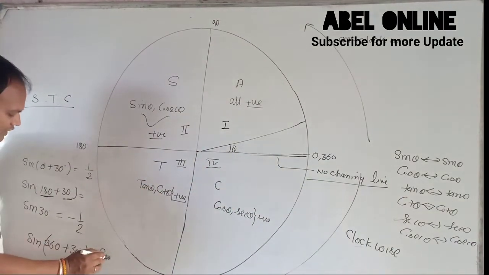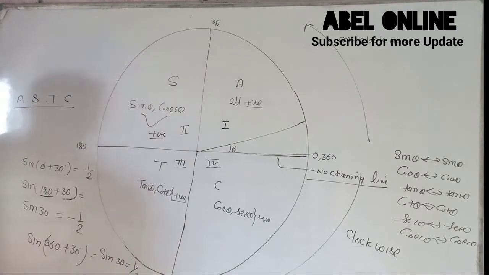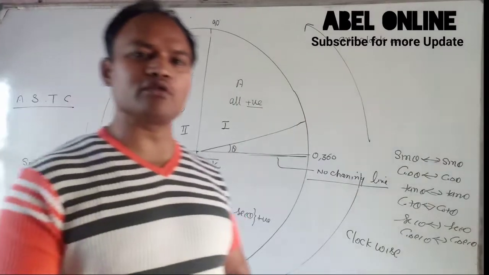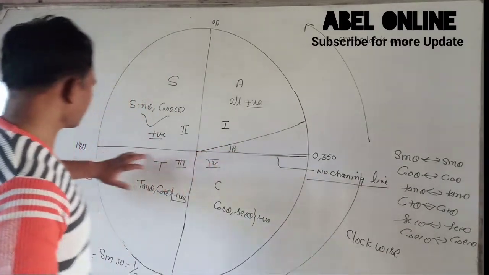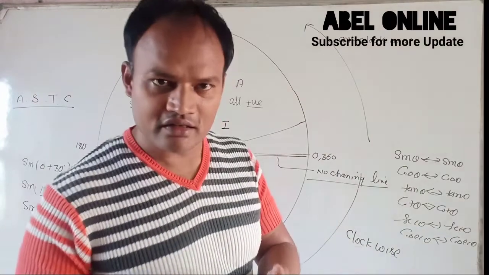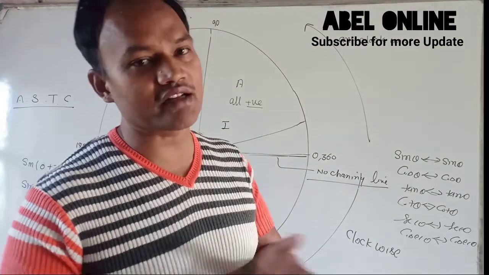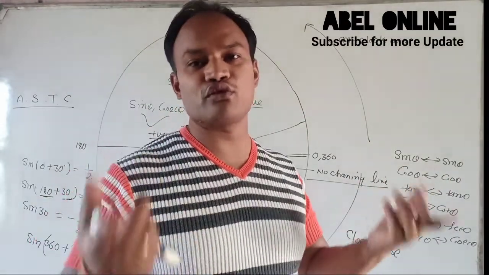So the value of sin 360 plus 30 is sin 30, and the value is the same, that is 1 by 2. So these values are dependent on the quadrant. This line is called the no changing line, means 0, 180 and 360 angles' trigonometrical values are not changed, means sin is sin, cos is cos, tan is tan, cot is cot, sec is sec, cosec is cosec.